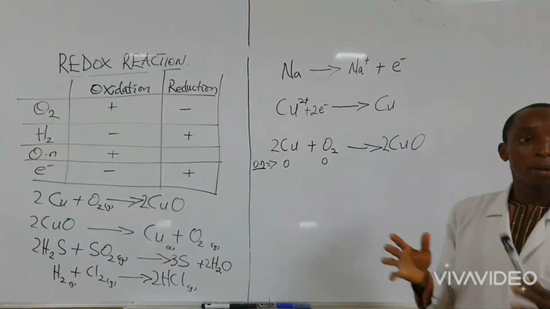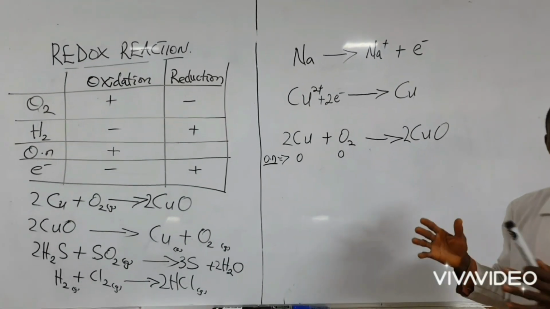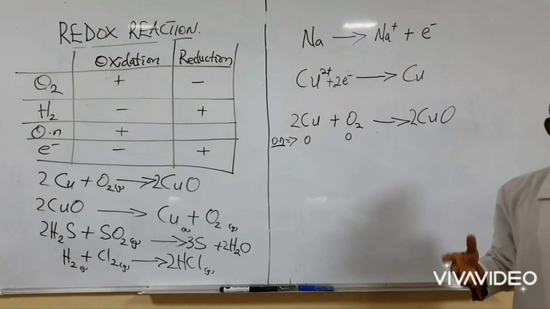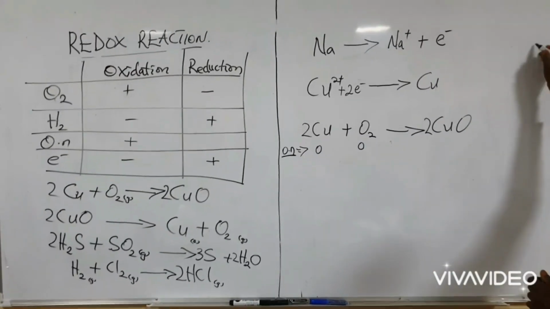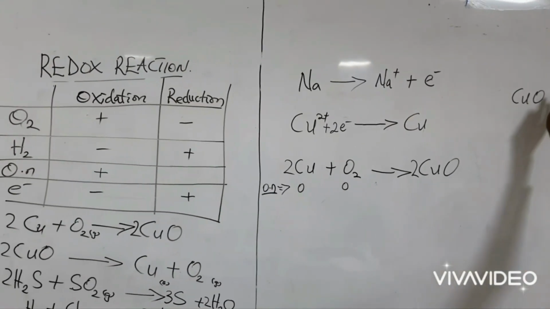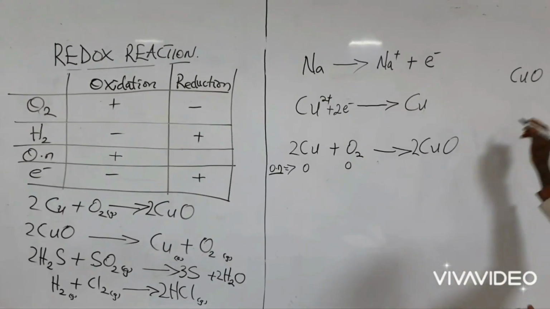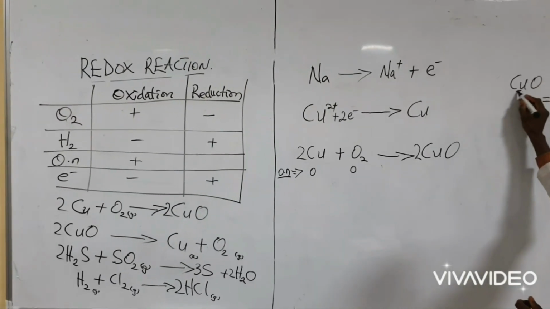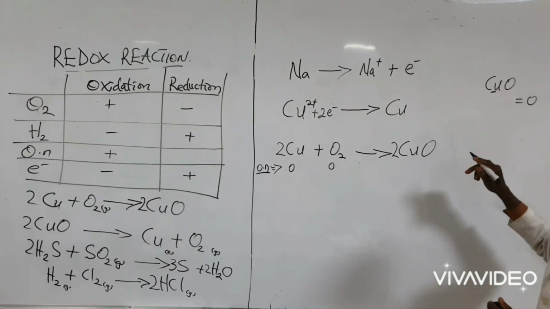That is how far we have gone, to know how to calculate the oxidation state of different atoms in a compound. Like copper oxide, we said this is a compound that is not charged. Therefore, its oxidation state is equal to 0. We are looking for the oxidation state of copper in copper 2 oxide.